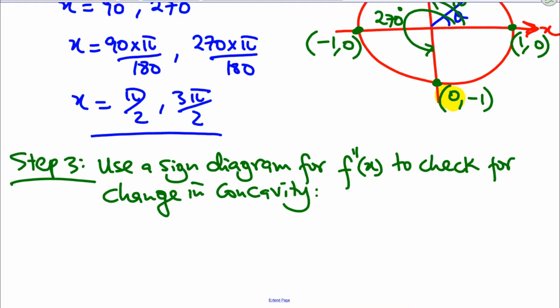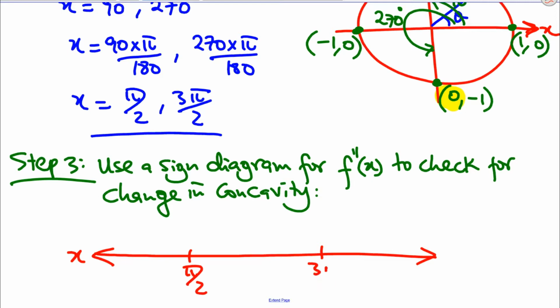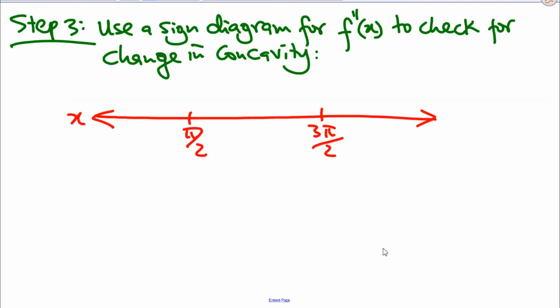So this will be our sign diagram for values of x, and we have two values of x: pi over 2 and 3 pi over 2. What we want is to find the signs of the second derivative.